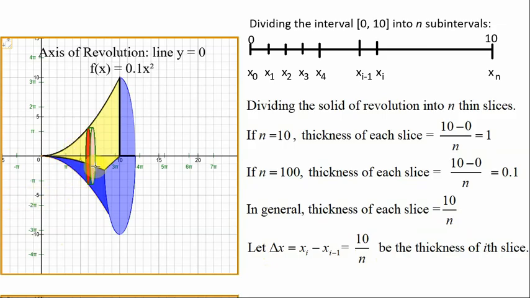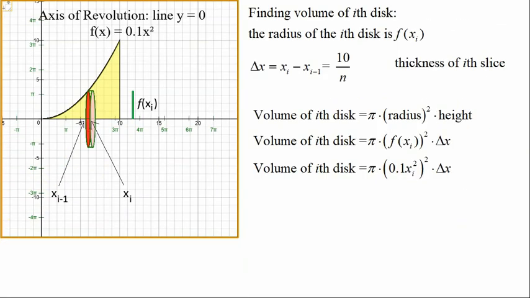And now let's find the volume of this ith disk. And so for the ith disk, which is at the ith subinterval, this would be x sub i minus 1, and this would be x sub i. And that difference would be the thickness of the disk.